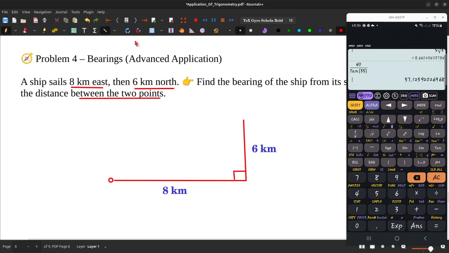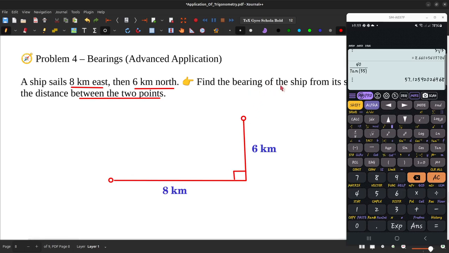Now, where is the ship? The ship is now here at this point. Then what is the question saying? Find the bearing of the ship from its starting point. So from here, what's the angle to that one there?